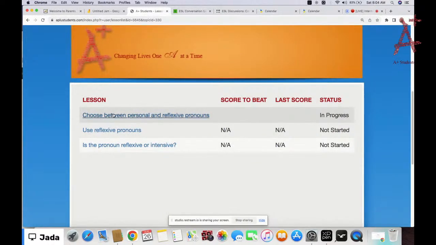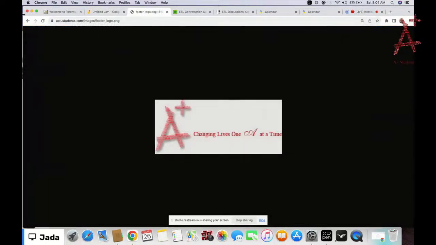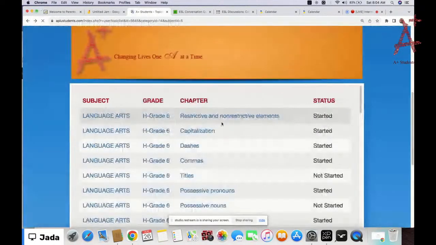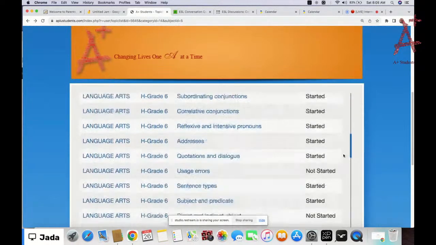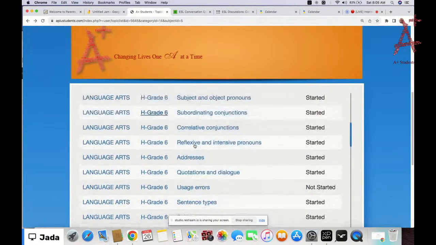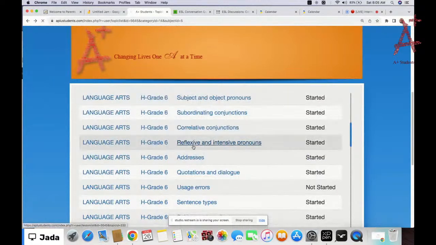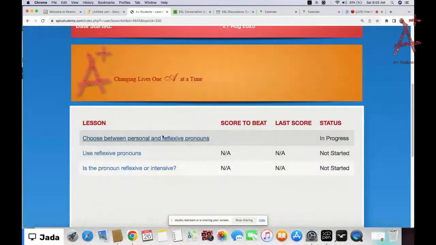Like I said, we'll start from choose between personal and reflexive pronouns. So our lesson today is reflexive and intensive pronouns. We have three lessons, so we'll just start from the first one.